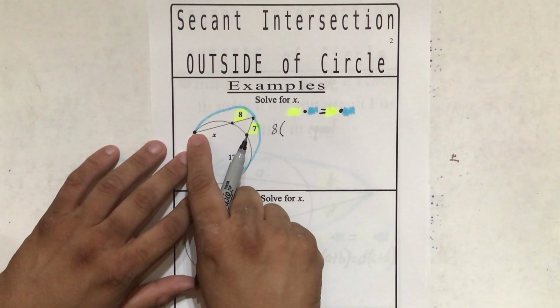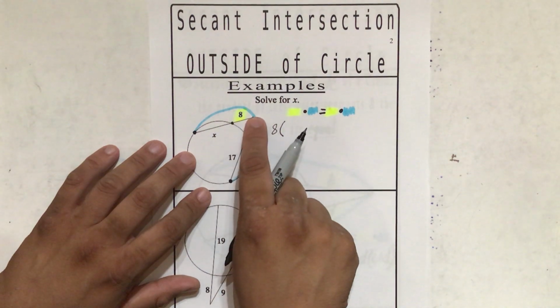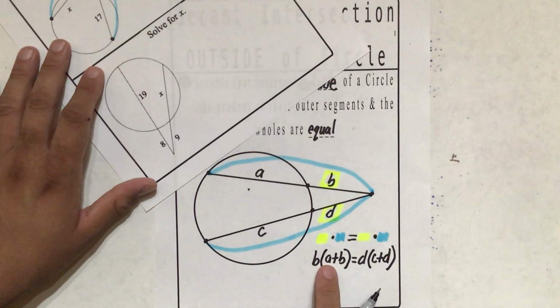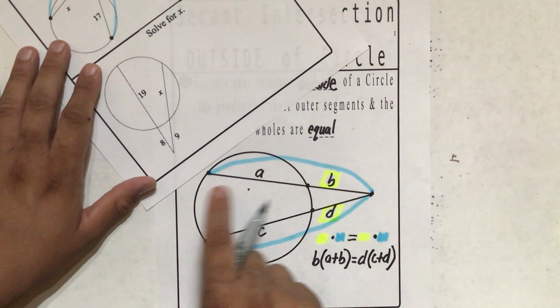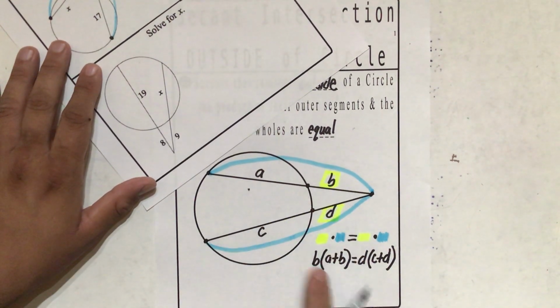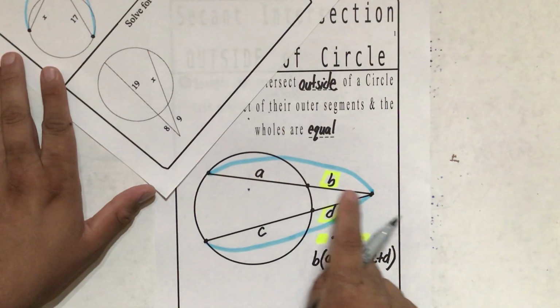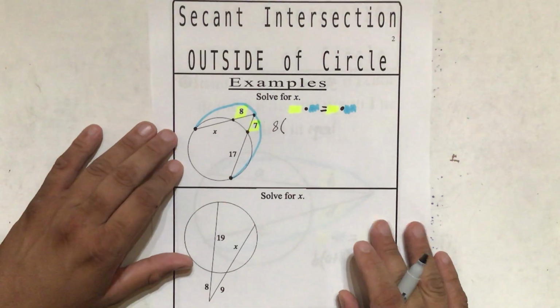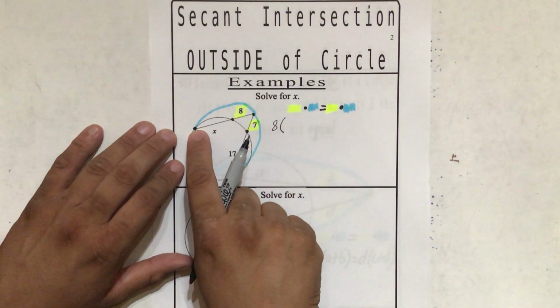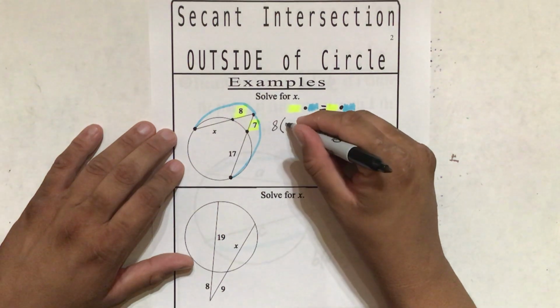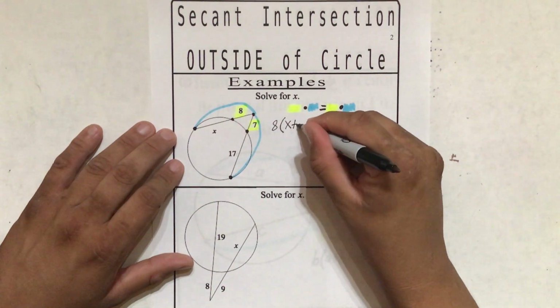What's covered under blue? From here all the way to there, it's x and 8. Remember, we say, what's under blue? These two, so we add those two because that's what makes up the entire secant. So we're going to say x plus 8.